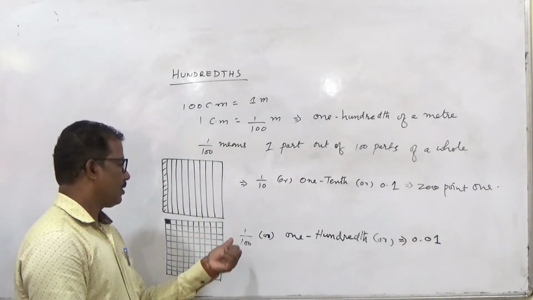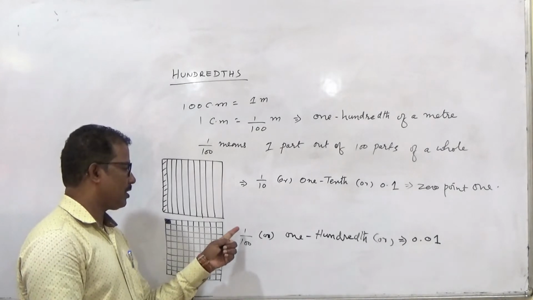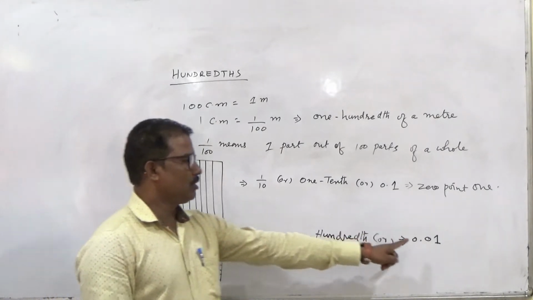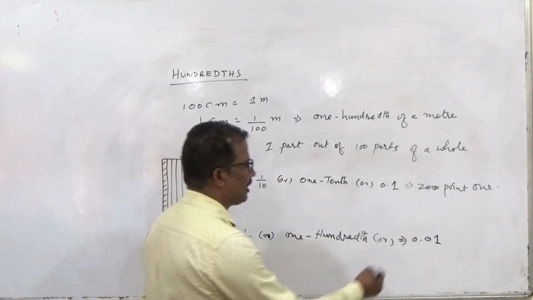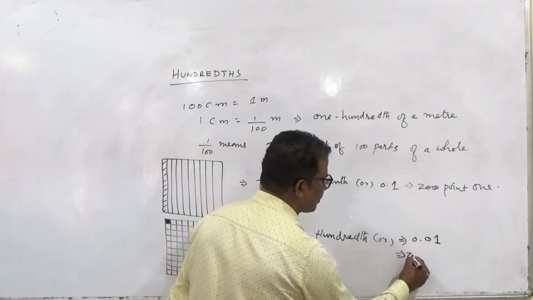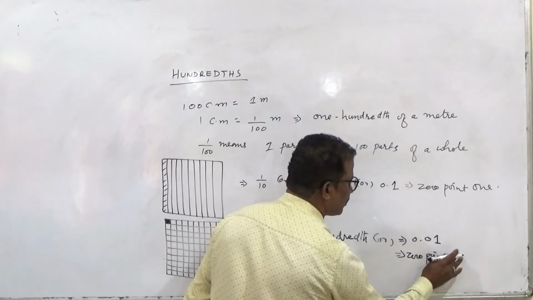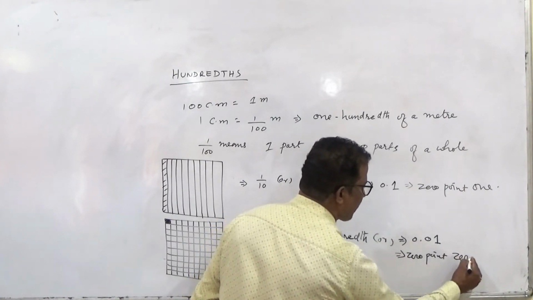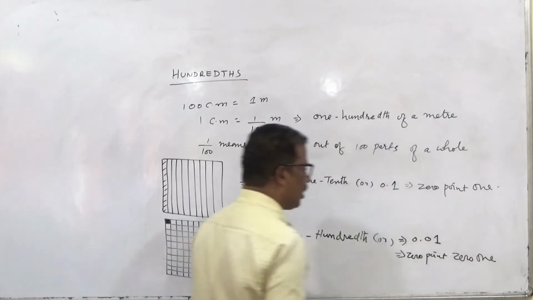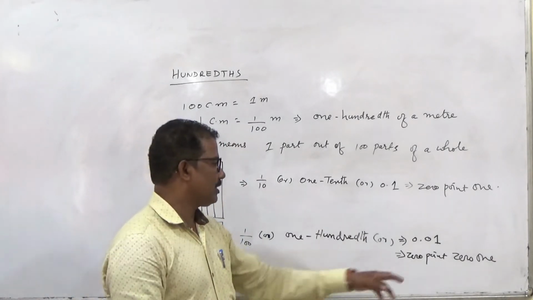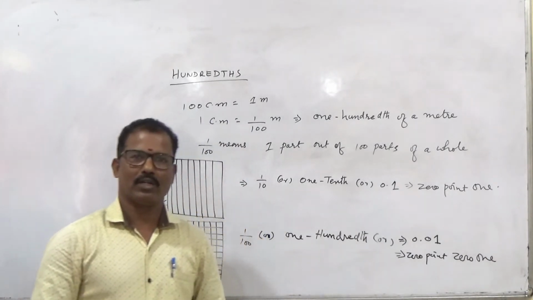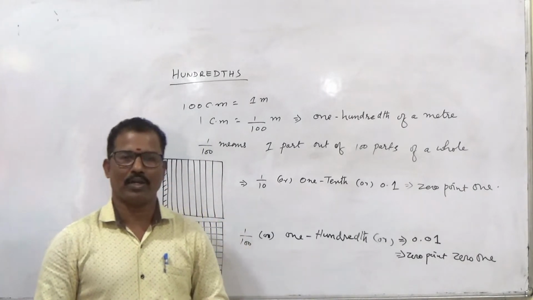So from now onwards, the decimal representation of 1 by 100 is 0.01, and we read this as 0.01, not 0.1. Now, do all of you understand this topic?